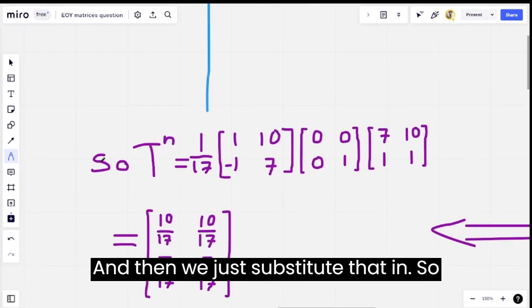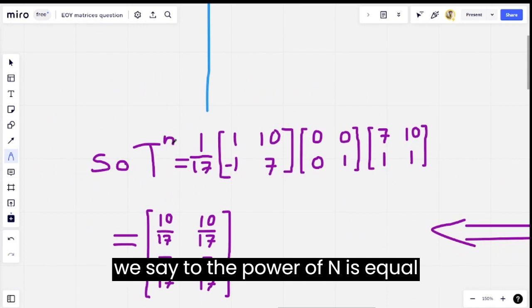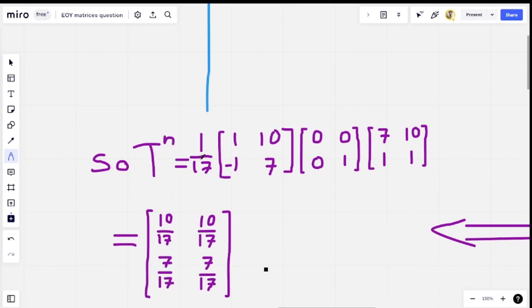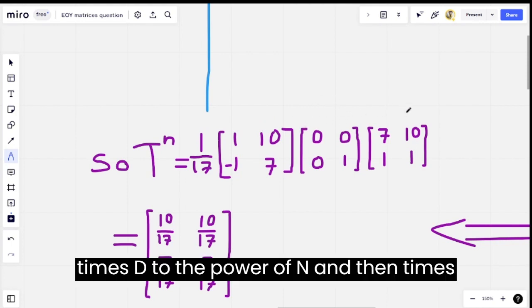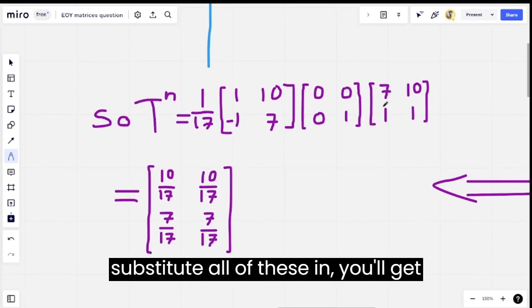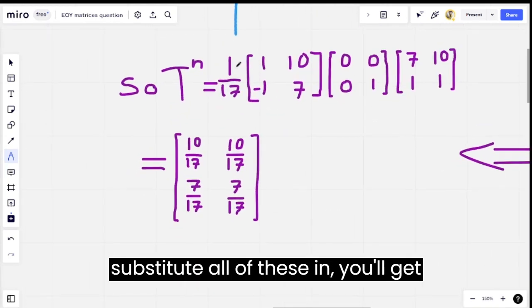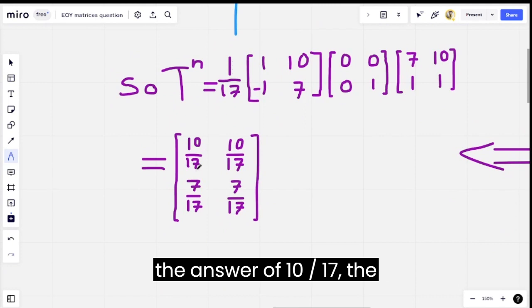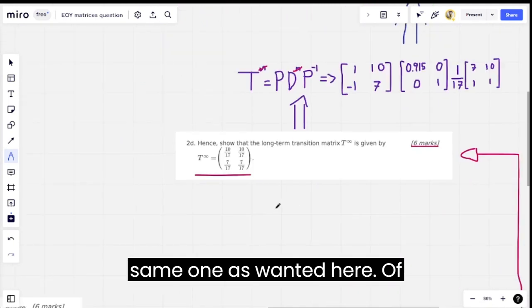And then we just substitute that in. So we say t to the power of n is equal to 1 over 17 times p times d, and then times d to the power of n, and then times p inverse. And if we substitute all of these in, you'll get the answer of 10 over 17, the same one as it wanted here.